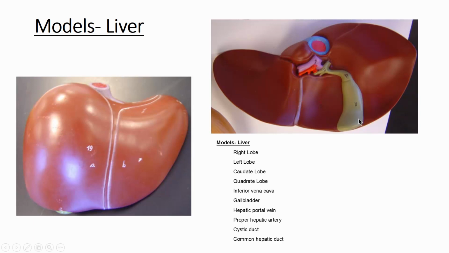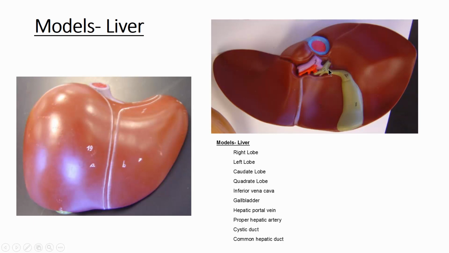So once more, you have the gallbladder, the cystic duct coming out of it. A lot of times it's blocked with gallstones. It merges with the duct coming out of the liver, which is the proper hepatic duct. You also have the proper hepatic artery, and you have the hepatic portal vein that are also in this area.